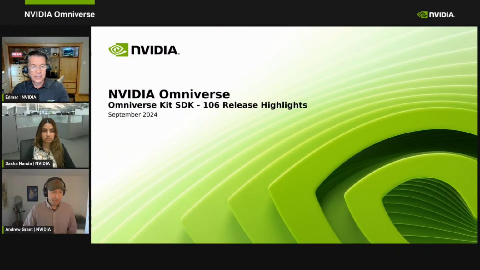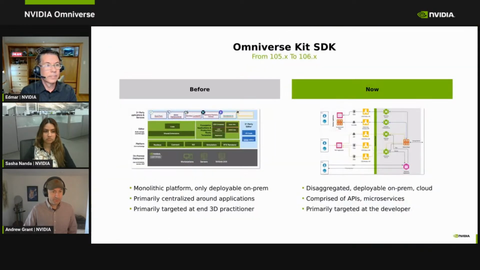I just wanted to go over what's new for Kit 106, where we've been going since previous releases. Before this release, Kit SDK was more of a monolithic platform. It was about desktop applications and primarily targeted at end user 3D practitioners.